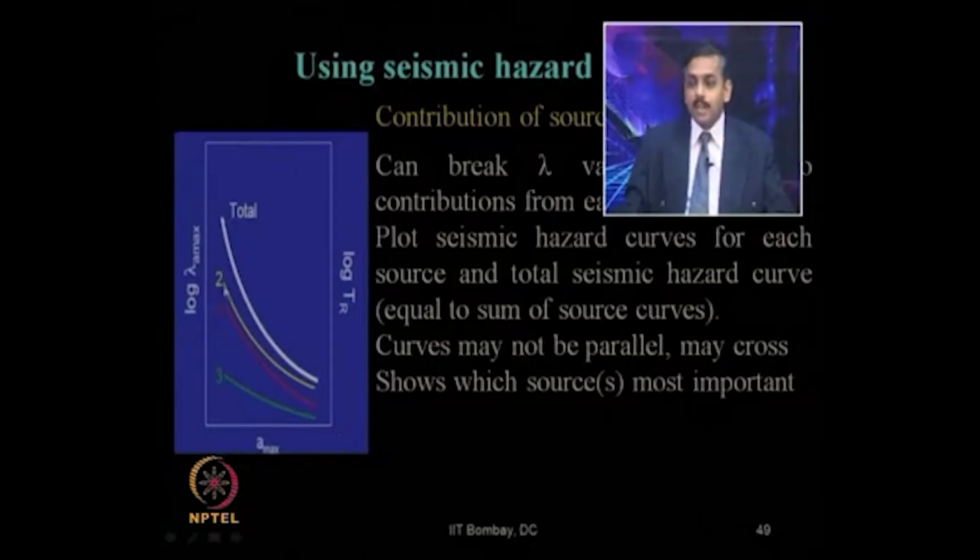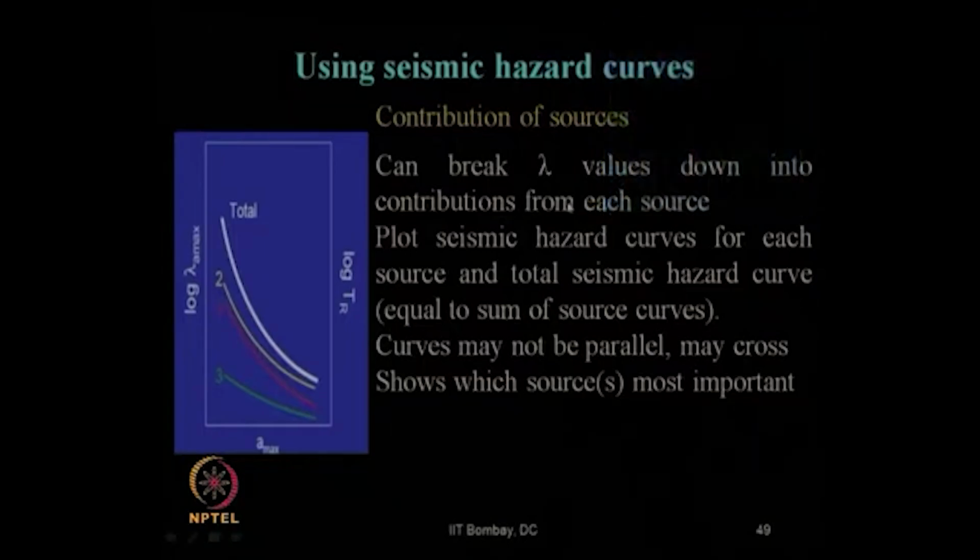Say source 1 is coming like this, source 2 coming like this, source 3 coming like this. Okay. So, in this probabilistic seismic hazard analysis, you have taken care of only magnitude and distance probability, not the source probability. Got it? So, you can break that lambda value down into the contributions from each source and plot the seismic hazard curve for each source, and the total seismic hazard curve equals the sum of these source curves.